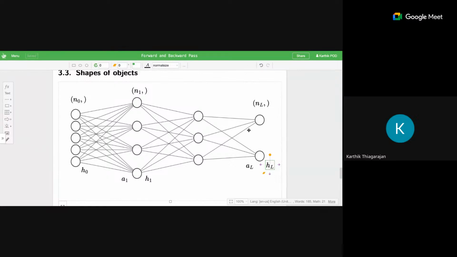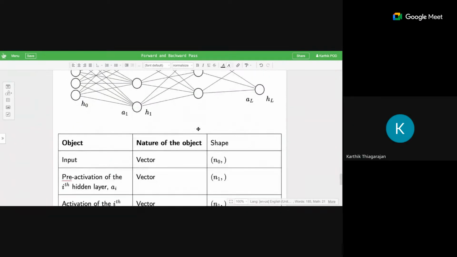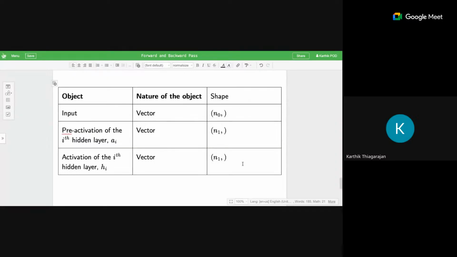We'll come to that. For all these hidden layer neurons, we typically use sigmoid or ReLU. But for the output neuron, depending on the task, we will either use a linear activation function or the softmax function. We'll get to that soon. So these are the shapes of the important vectors in the forward pass.